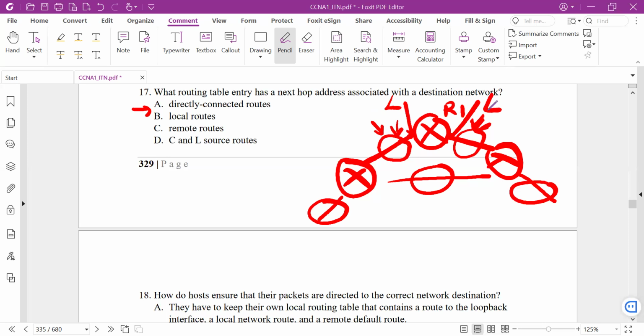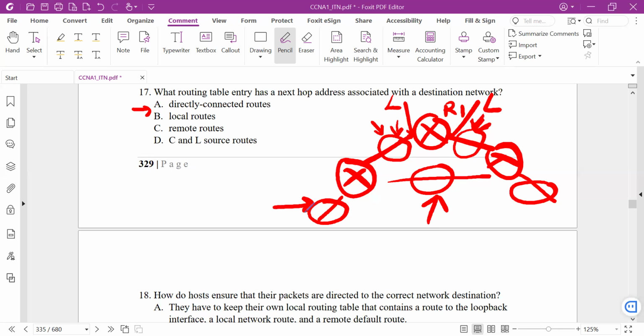The interfaces in this example are up. Then we have remote routes. Remote routes, for example, this one. This is a remote route. This one, this is a remote route, because it's not directly connected, that's another different network that we would love to reach from R1.